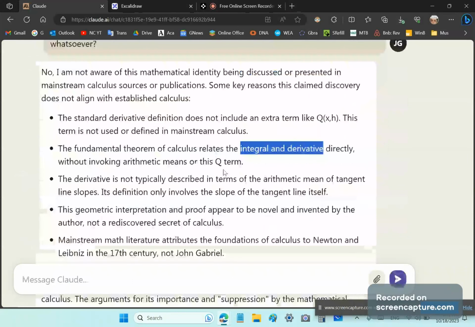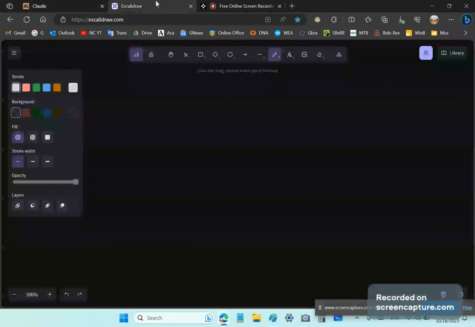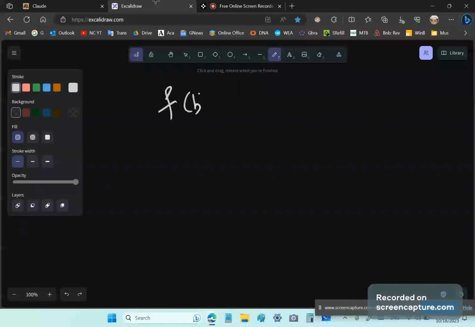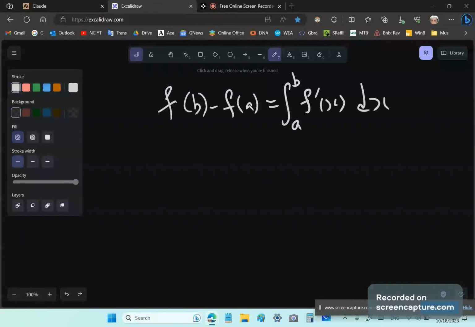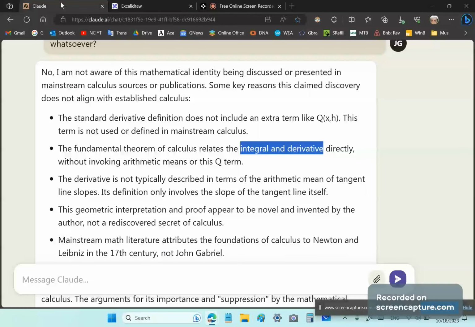The fundamental theorem of calculus relates the integral and derivative directly without invoking arithmetic means or this Q term. Actually, I think I've shown you in past videos that the fundamental theorem says this. So it says this. Those who came before me were just too stupid to realize that it does actually relate the integral and derivative with the arithmetic mean.